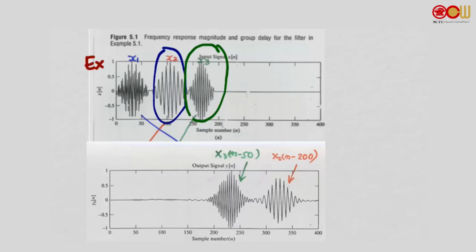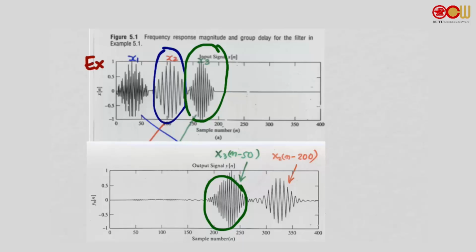So in the output, we see that x3 appears before x2 now. And at the output, we no longer have x1 because it's attenuated by the system so much that it's just not visible from the figure.